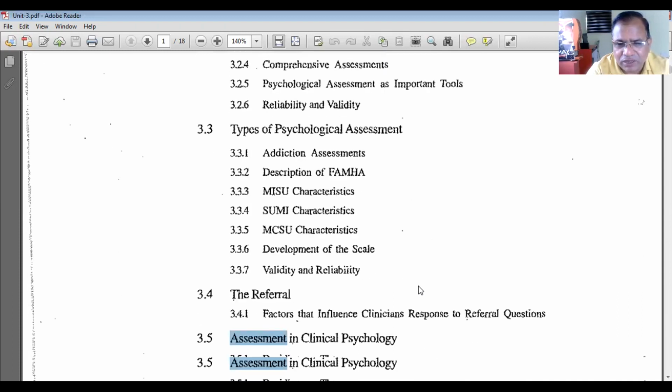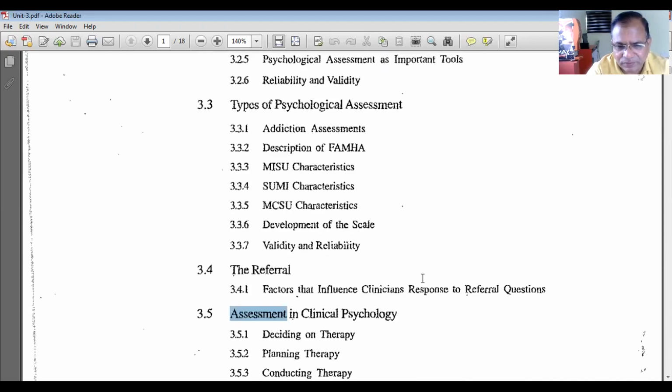Types of psychological assessment. Here, addiction assessment, description of FAMHA. It is a short form of some long test name. MISU is also a short form. SUMI is also a short form.